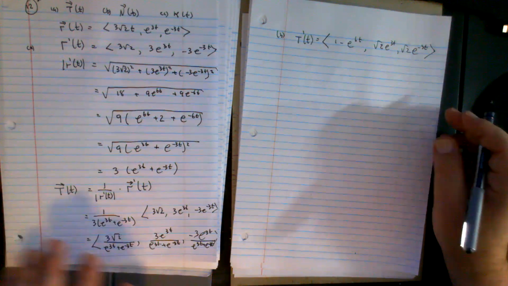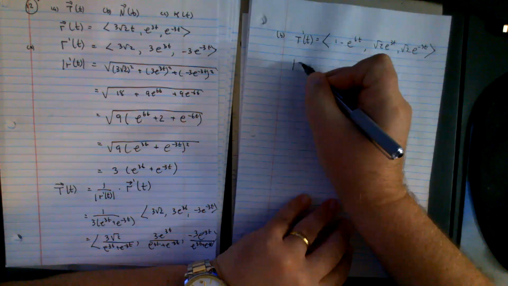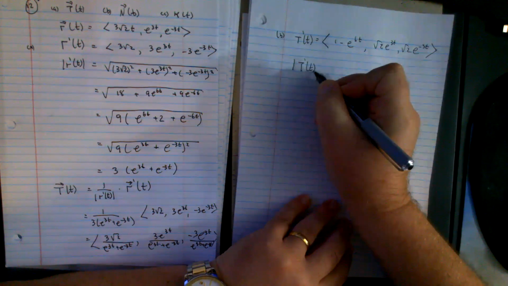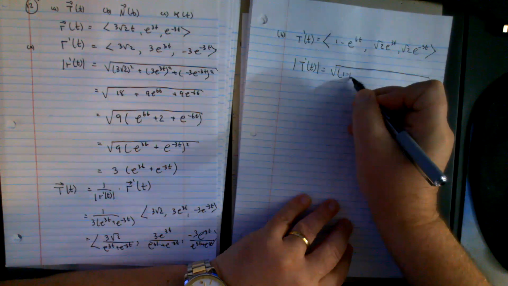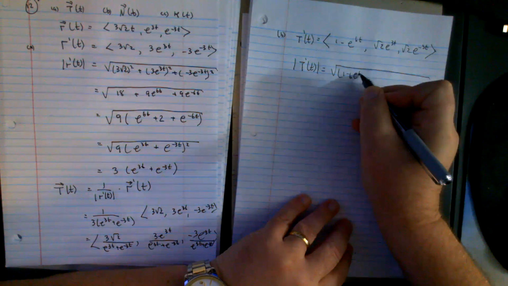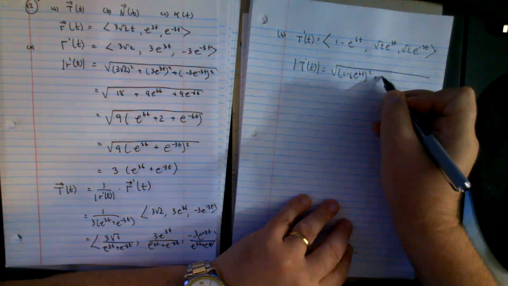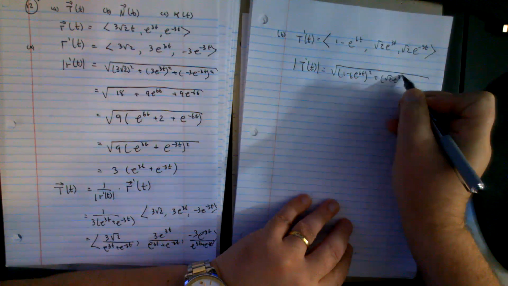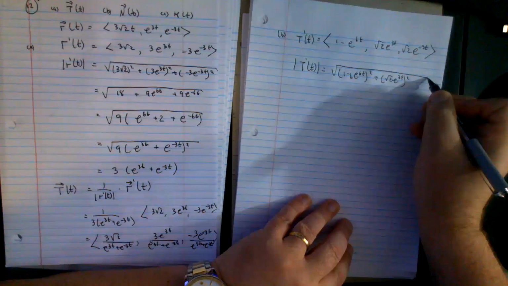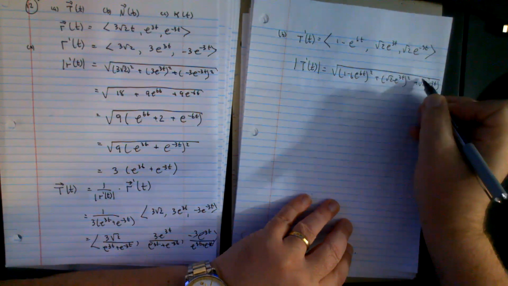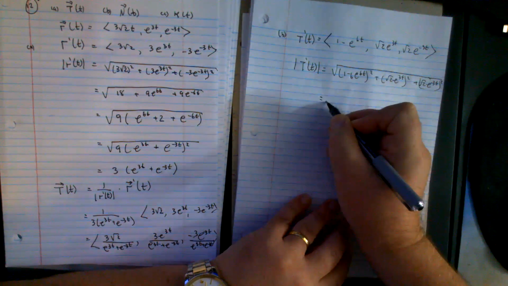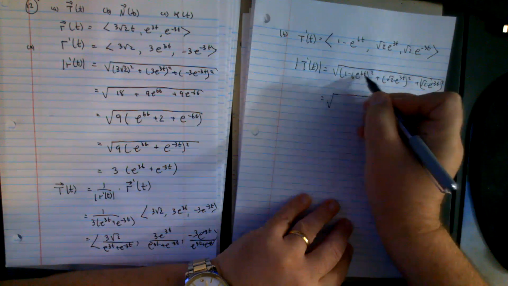And so what I'm now going to do is find the magnitude of that. It's going to be the square root of that one, and lastly, this one. Foil this out. What do you get?